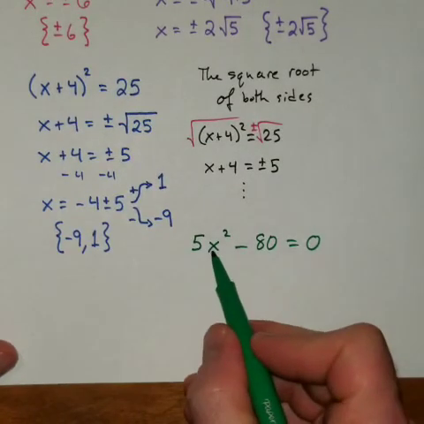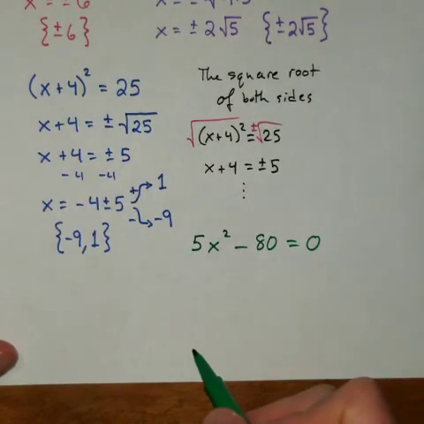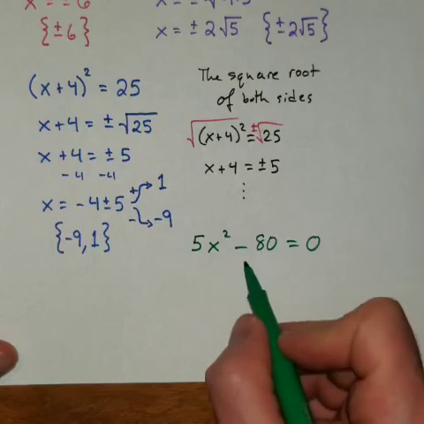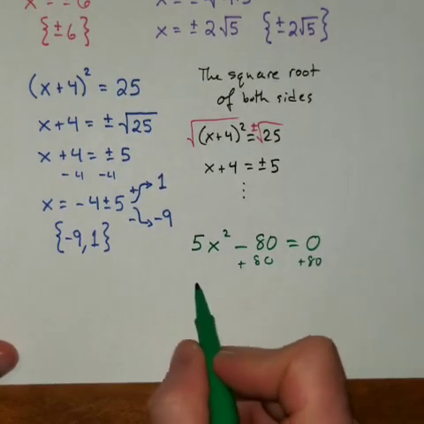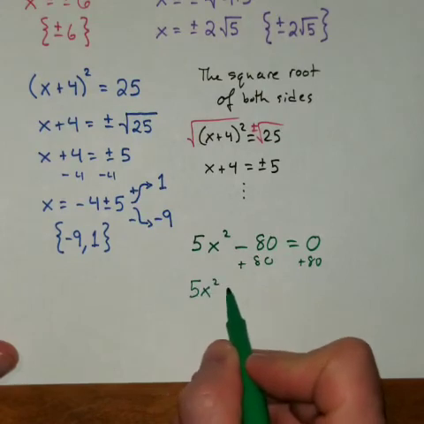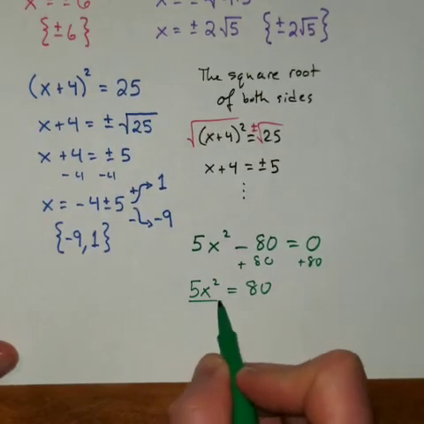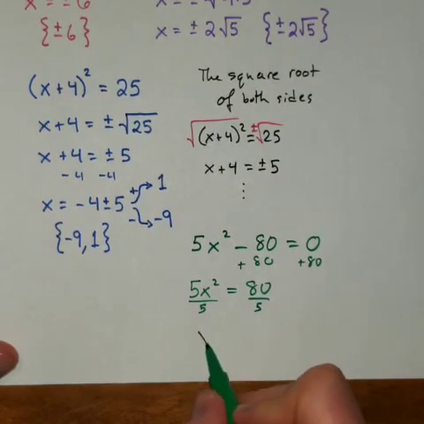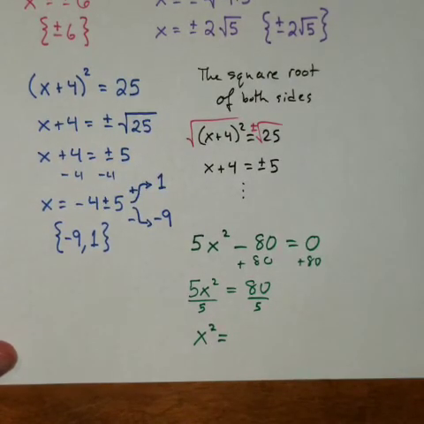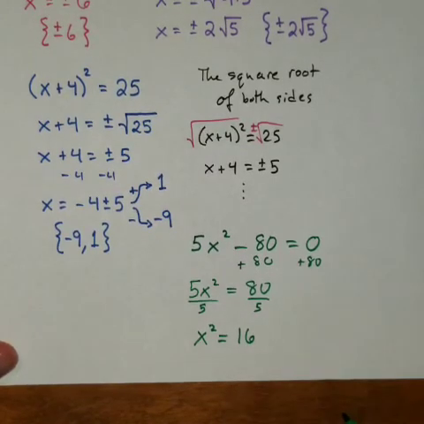And so if I isolate the x squared, I can then solve this. If I add the 80 to both sides, I get 5x squared equals 80. If I divide by 5 on both sides, then x squared should equal 80 over 5, which is 16.